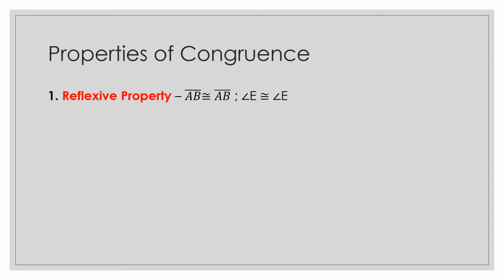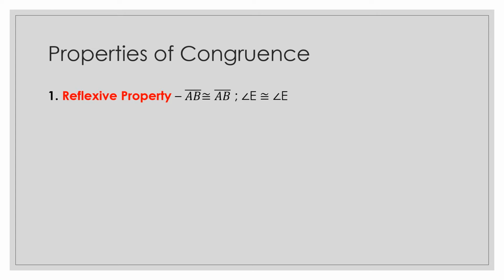So the reflexive property of congruence is the same thing as the reflexive property of equality. It's just that in here we deal with figures. For example, segment AB is congruent to segment AB, or angle E is congruent to angle E. Any figure is congruent to itself.